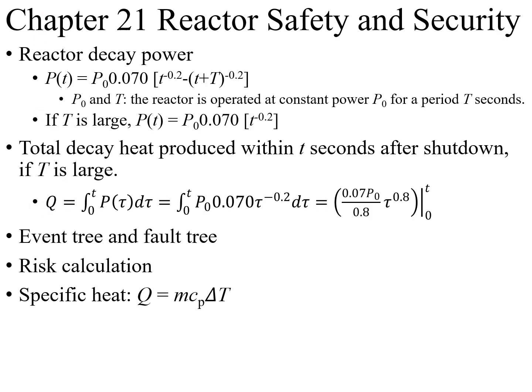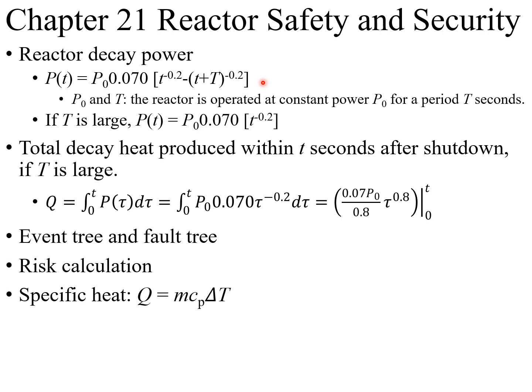Next, we move to chapter 21, reactor safety and security. The first part is how to calculate the reactor decay power. After the reactor is shut down, the reactor is still producing power from the radioactive decay. So the reactor decay power can be calculated by this formula.